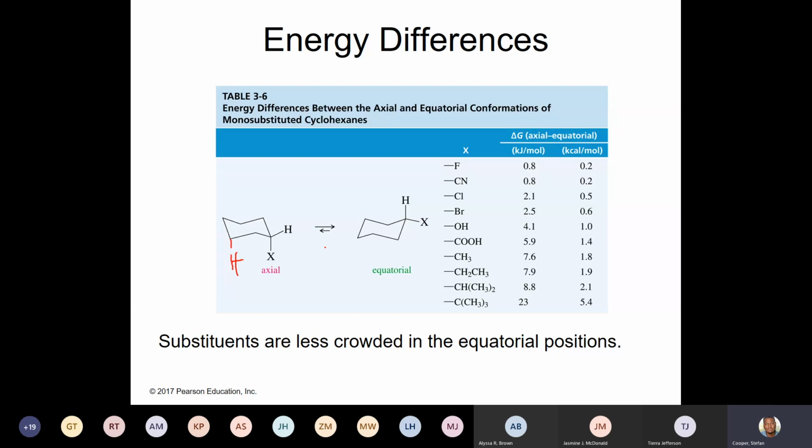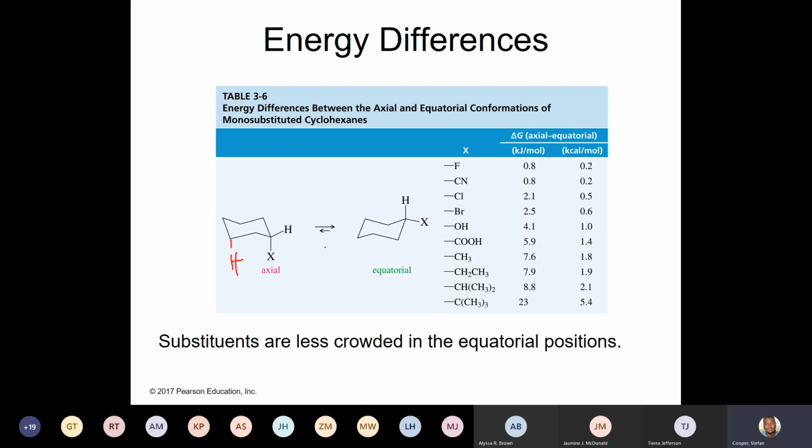That's not always the case, but if possible, you want to place those substituents in equatorial positions. The reason why is because I can alleviate very bad 1,3-diaxial interactions. So having my group axial and having it axial to another hydrogen or another atom is going to be very bad, and that could be a big issue.